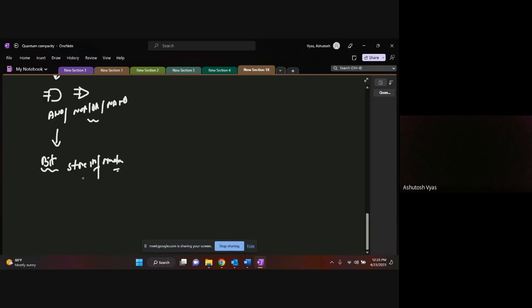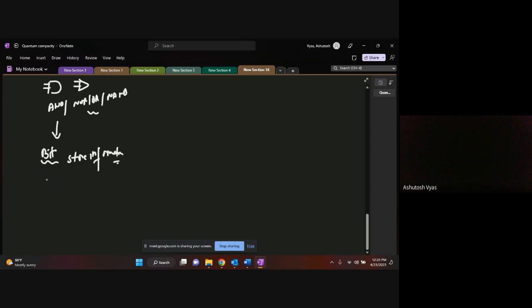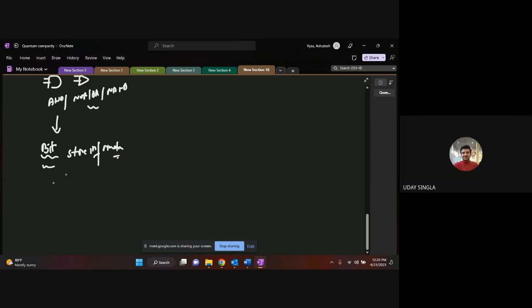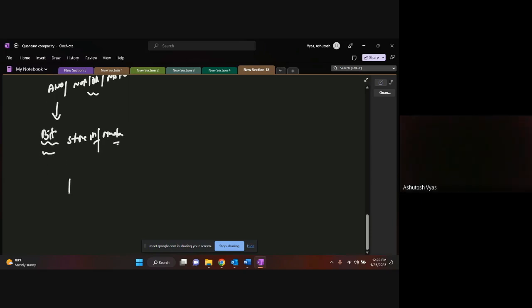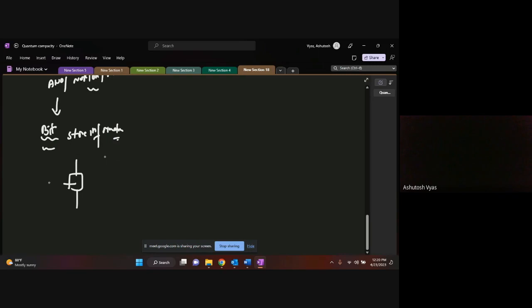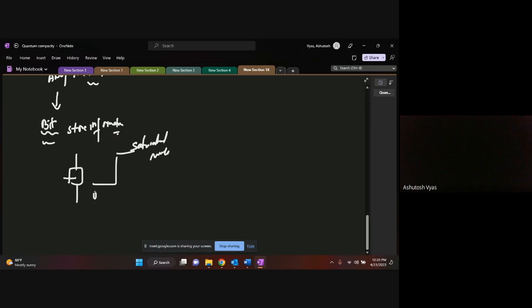Right. So if I talk about a particular bit, can anybody tell me what exactly a bit physically looks like? How is this bit designed or manufactured? It is actually a transistor. Absolutely correct. So a transistor operates in two modes: either the saturated mode or the off mode.